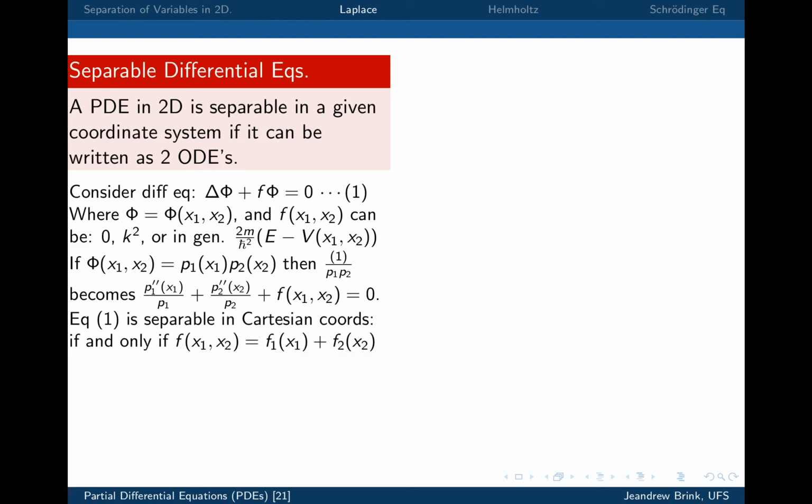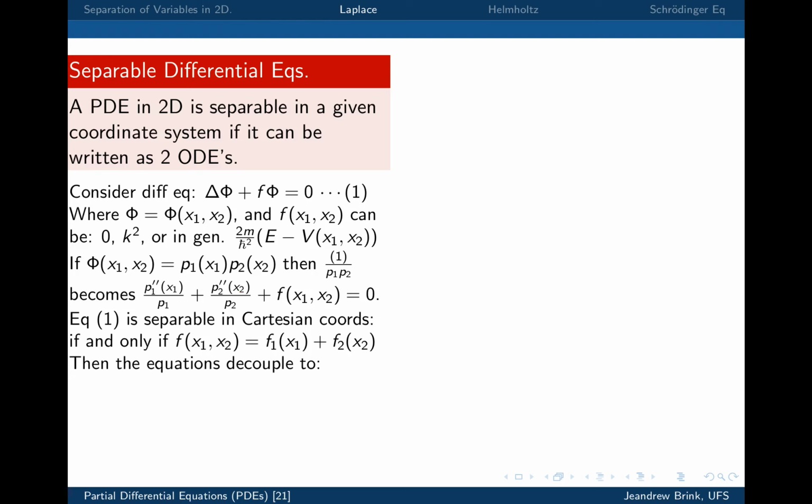Okay, so equation 1 is separable in Cartesian coordinates, basically the coordinate system we started with, if and only if you can write this forcing, this function that enters it, as a sum of two. Because the moment you can do that, you can group the f1 of x1 with that differential operator, and group f2 of x2 with this one, and put one on the left-hand side and one on the right-hand side, and then you have two different ODEs.